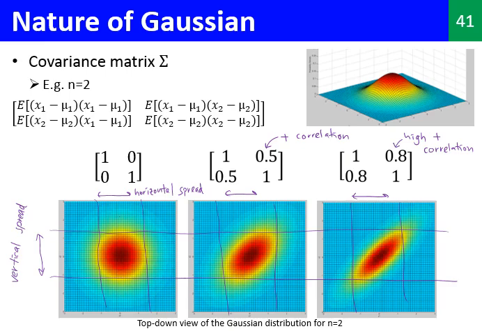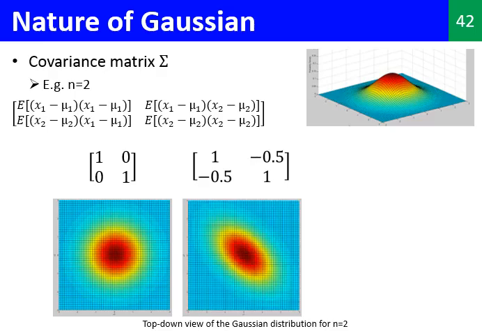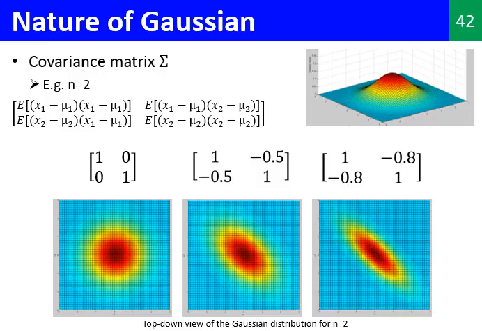Understood? So following the same idea as before, if we have a negative correlation, then our shape would be skewed in the opposite direction, and if the negative correlation is higher, we will have a sharper figure. Okay.